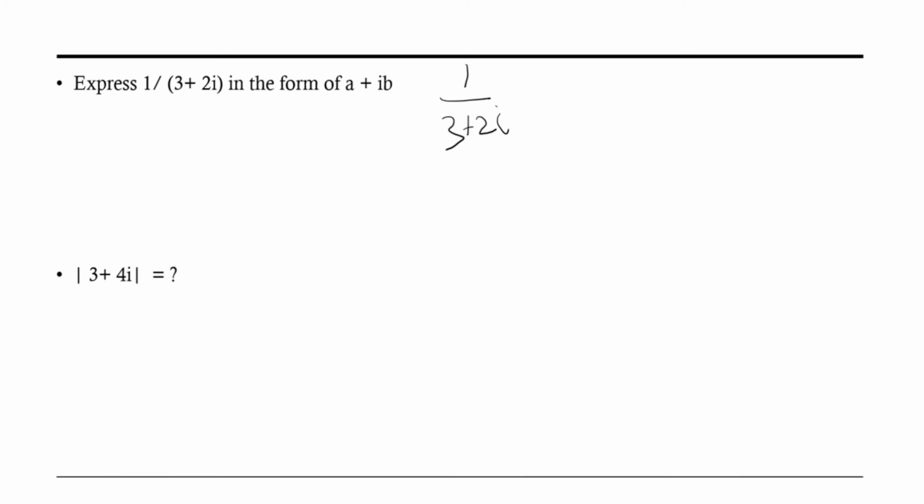So we can write 1 by 3 plus 2i and multiply and divide by its conjugate. The conjugate of 3 plus 2i is 3 minus 2i. So I am multiplying and dividing by 3 minus 2i. So this is equal to 3 minus 2i divided by 3 square minus 2i the whole square.